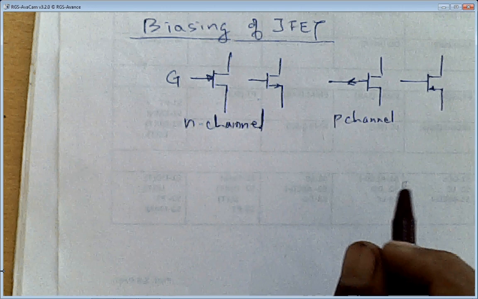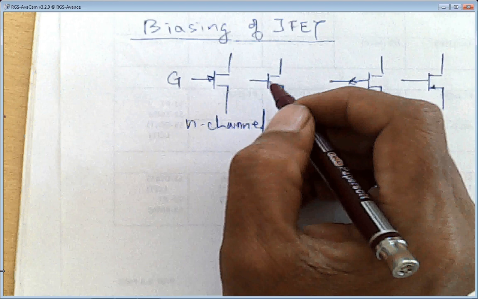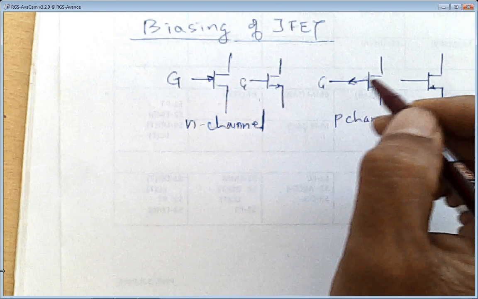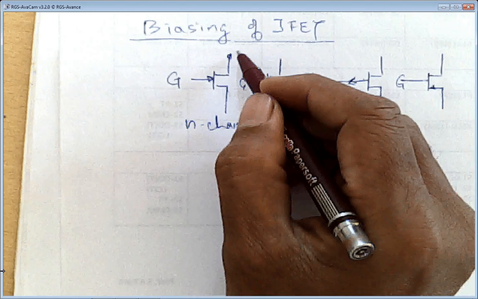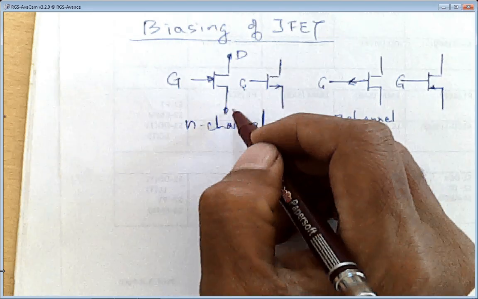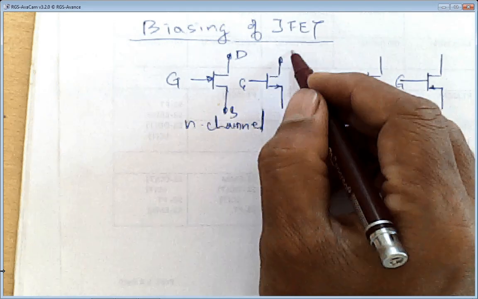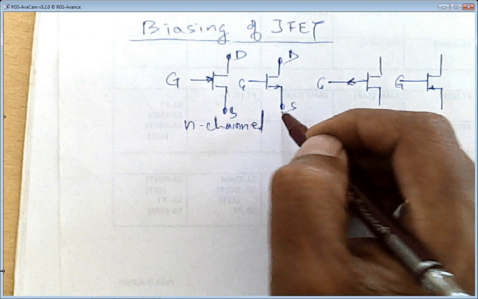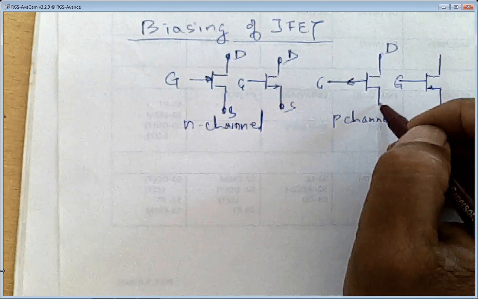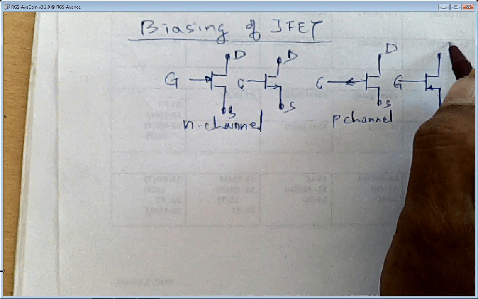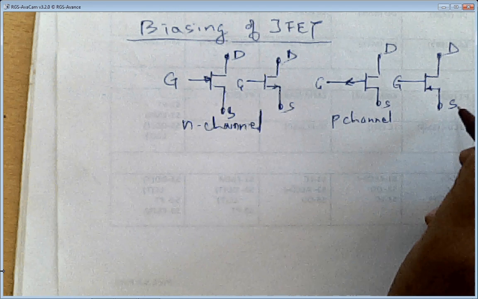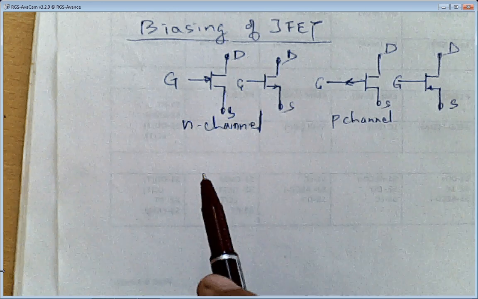So this is about the gate everywhere. And second, the drain is always shown at the top and the source at the bottom. So this configuration is normally true.